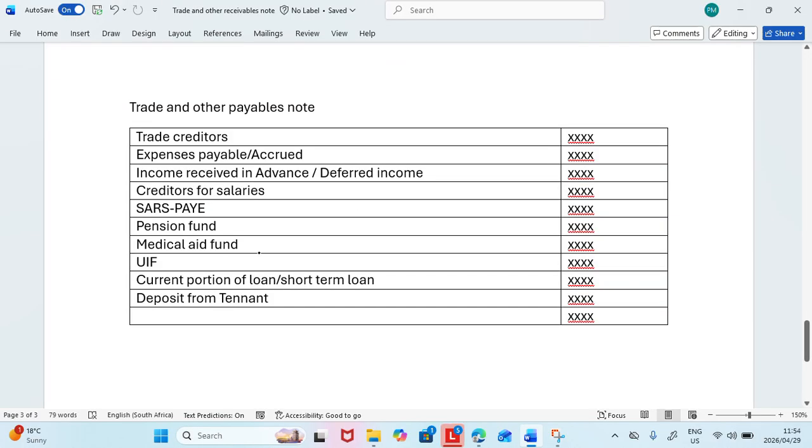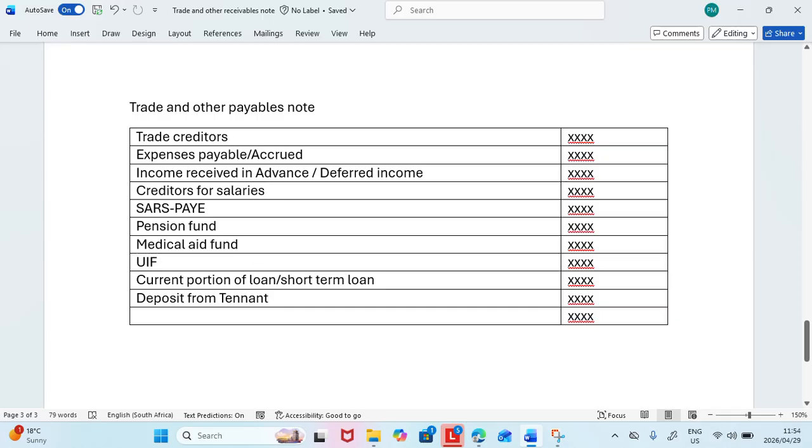Trade and other payables, we start with trade creditors, creditors control. We add expenses payable, an expense that we're supposed to pay. We add income received in advance. We add creditors for salaries if we owe our employees salaries that we are promising to pay on the next financial year.